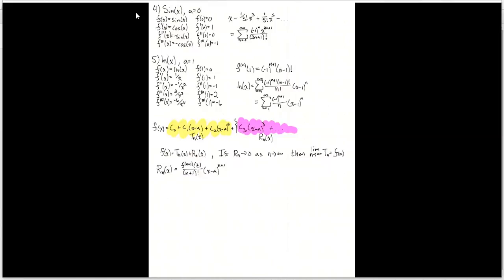And the z is in between a and x. If a is less than x, so you could write it x like that if a is larger than x. So that means that the z is somewhere in between these values. So we can't really lock down what this is, but most of the time what you can do is bound it.